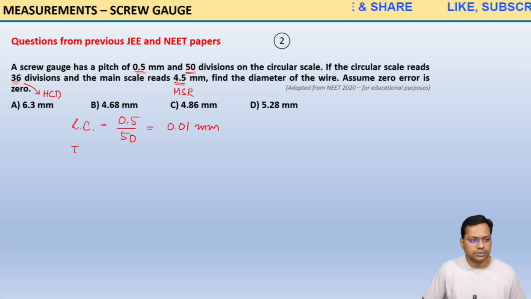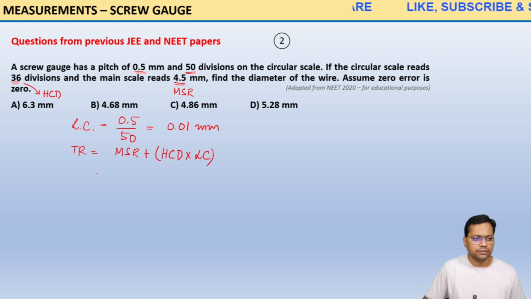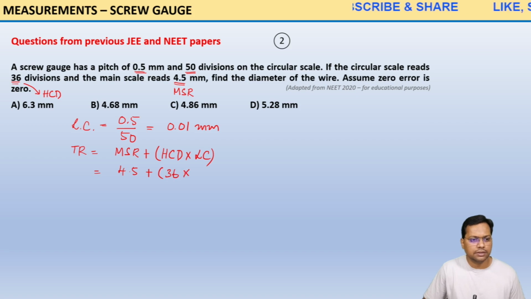So therefore, we go for the total reading calculation. That is, total reading is equal to the main scale reading plus the head scale reading. Head scale reading is calculated by multiplying the head scale coinciding division with the least count. So we substitute the values, that is MSR is 4.5 plus HCD is 36 into the least count, that is 0.01 millimeter.